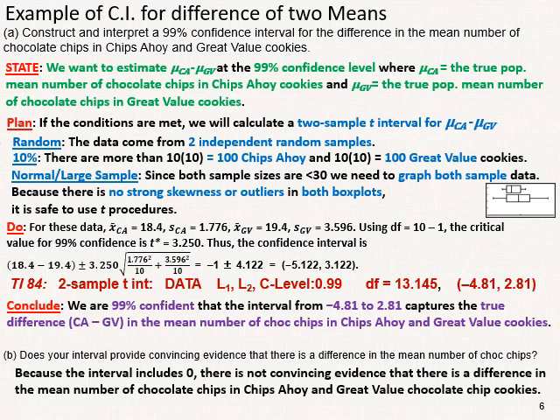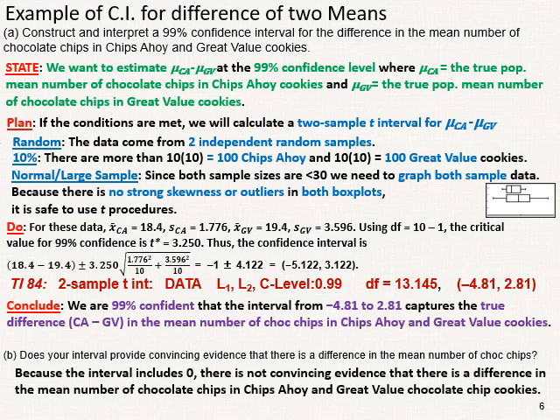All right, and so we're going to do a hypothesis test in the next lesson, but for now, all we have to do is look at the hypothesized value, is it in our confidence interval? And so if there is no difference in the true mean, true mu, then we would expect 0 to be in our confidence interval, right? So if there is no difference, mu sub CA minus mu sub GV should be equal to 0.